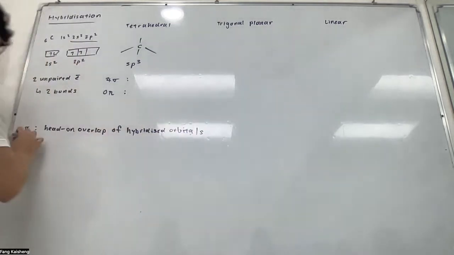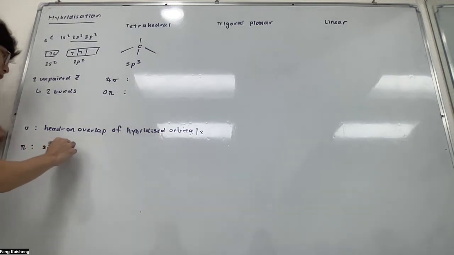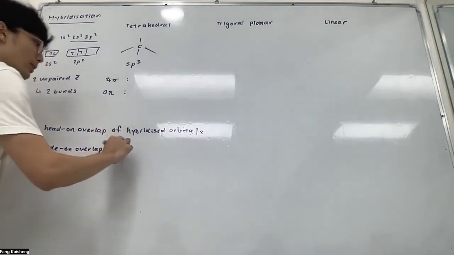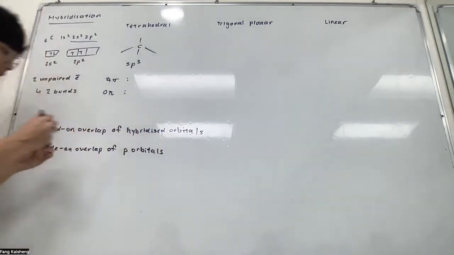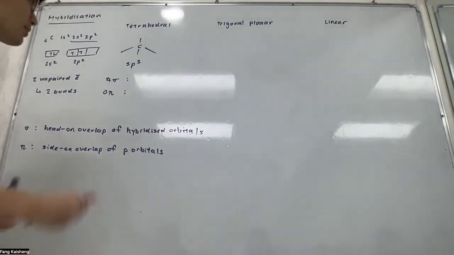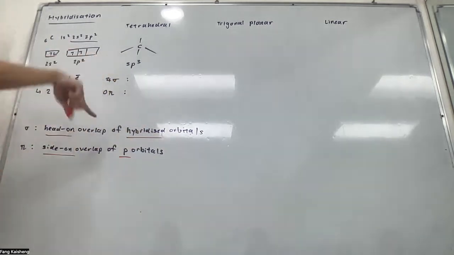Conversely, we have a pi bond. Pi bonds are formed via what? The sideways or side-on overlap of your normal p orbitals, and these p orbitals are also known as unhybridized p orbitals because they just never participate in the combination. Once you remember these facts, you can count the number of respective orbitals.